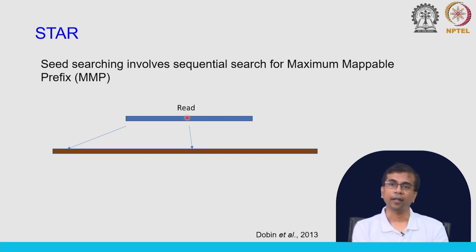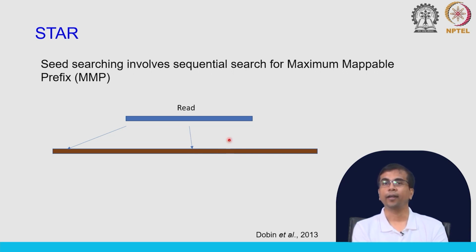So, what it does, it then stops the alignment, and starts taking a seed from this region again, and again starts searching in the reference genome. Let us say it finds a match here in this part of the genome, and then it continues this process.